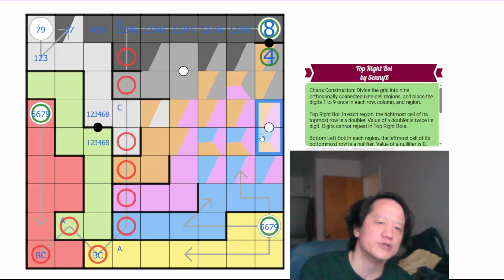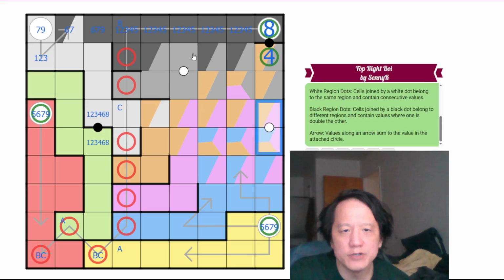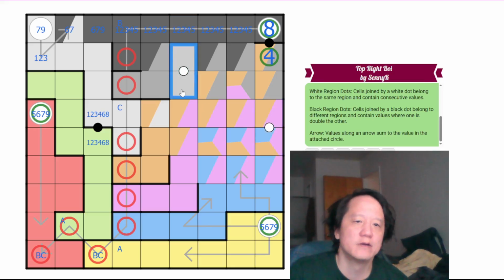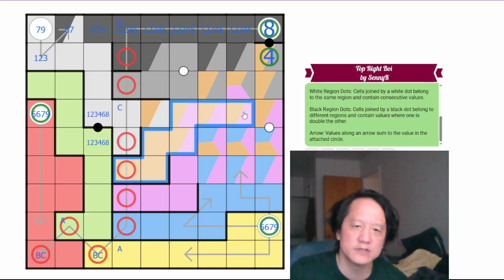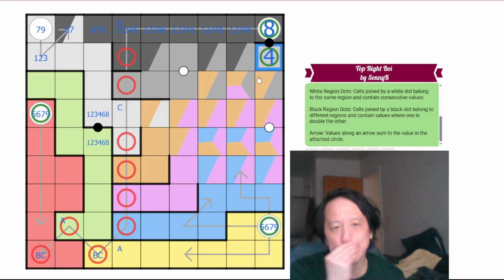These are the same region. That's interesting. So we know these are gray. Technically, you could have all the gray here, and then this could be... Can this be orange? 1, 2, 3, 4, 5, 6, 7, 8, 9. No, this can't be orange. It has to be gray. Interesting. Okay.